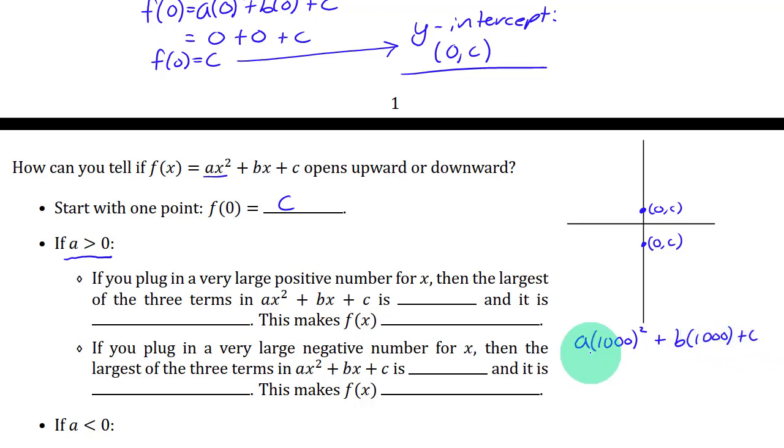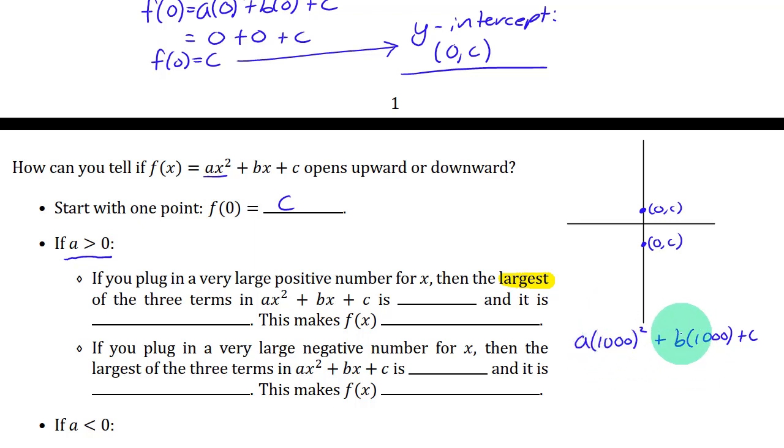So which one of these is the largest of the three terms here? Well, 1,000 squared is 1,000,000. So you're doing 1,000,000 times a plus 1,000 times b plus c. And as long as b is less than 1,000, then 1,000 squared is going to be bigger.